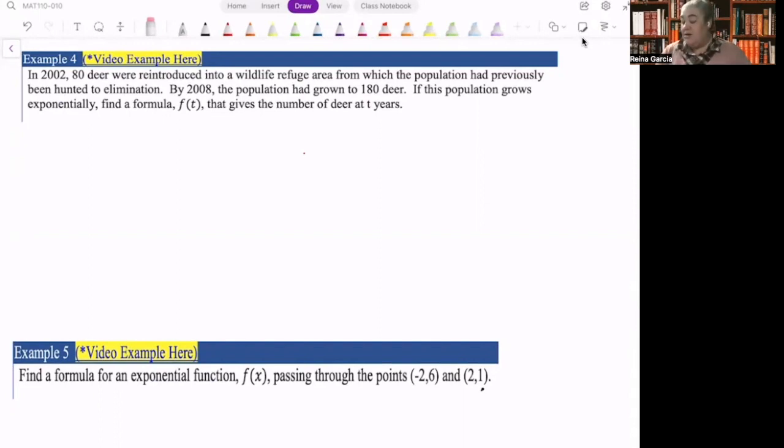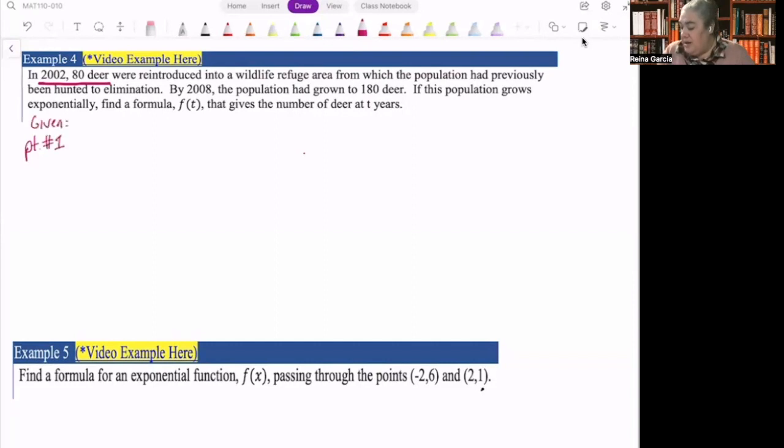So in example 4, as you may recall, they give you 2 points. They give you the point in 2002, 80 deer were reintroduced. So you know that that's the first point you're given. We're going to label that point 1, and we'll make that our little given list.